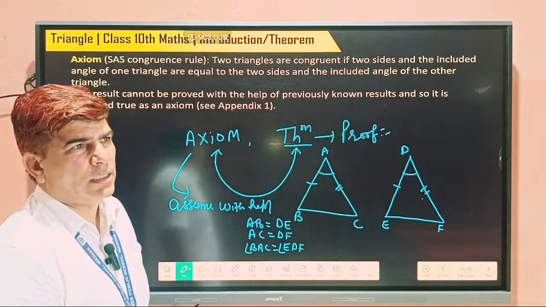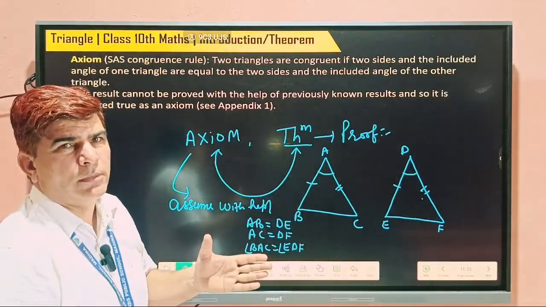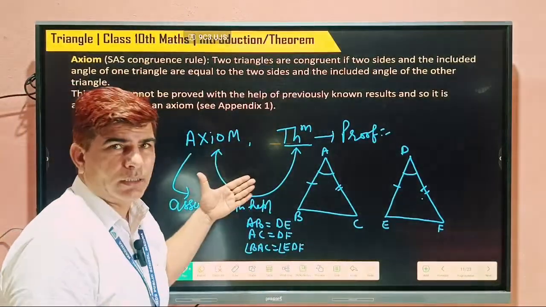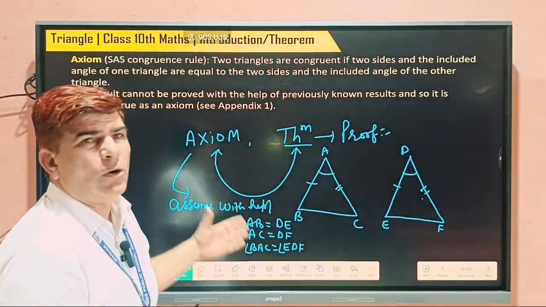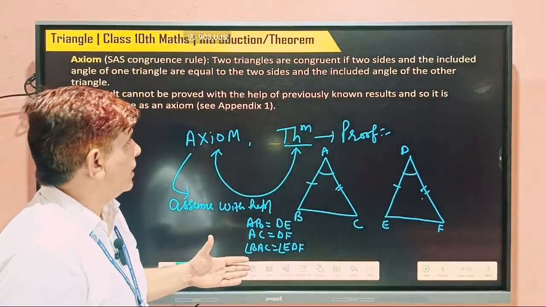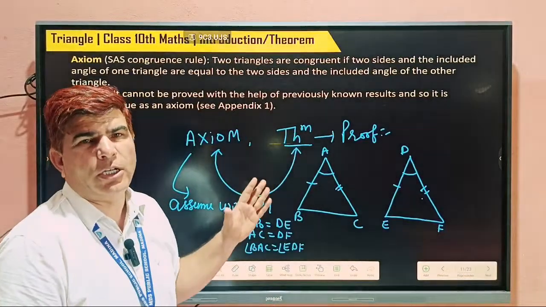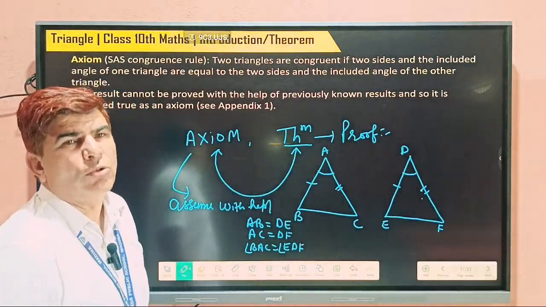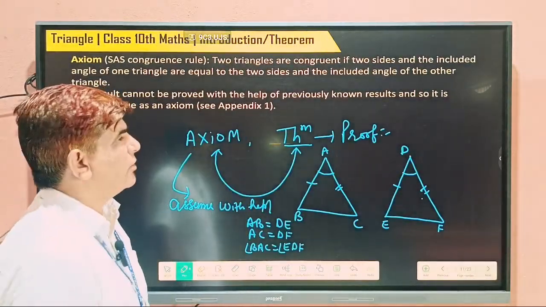What's an axiom? This is already proved, that is its meaning. We can start from this. So axiom means without proof. Understood? Theorem means which we need to prove. We have to prove that. Axiom means that's our assumption.